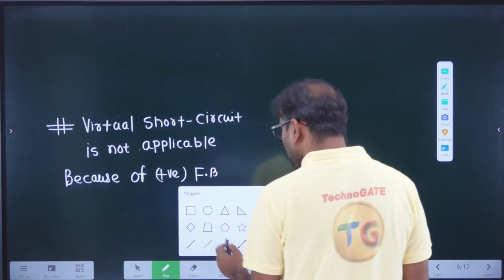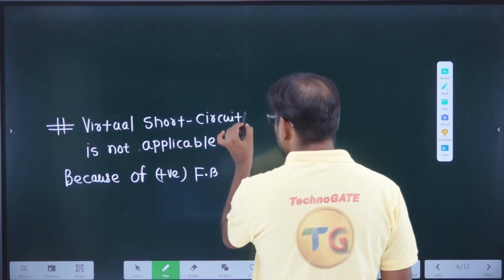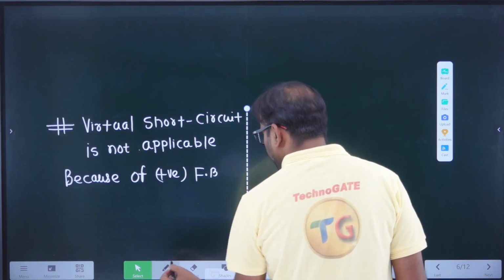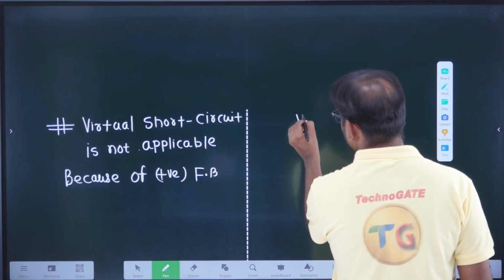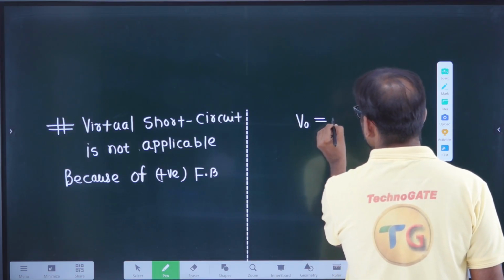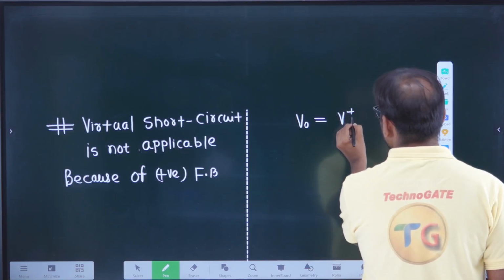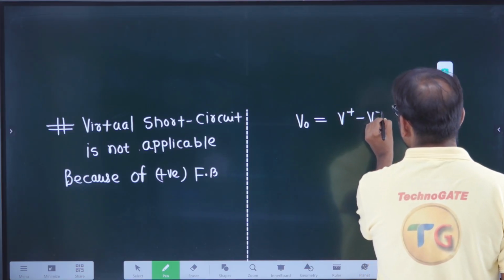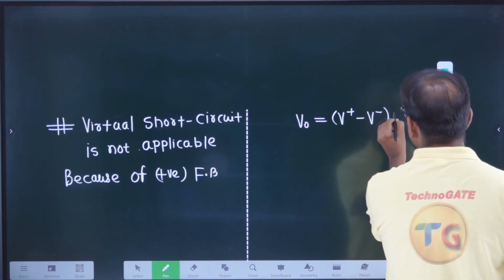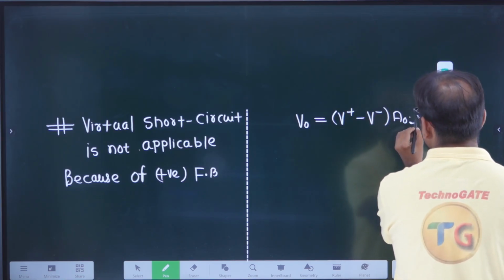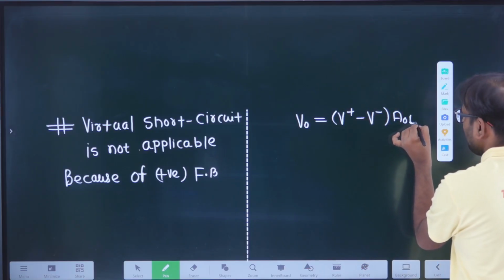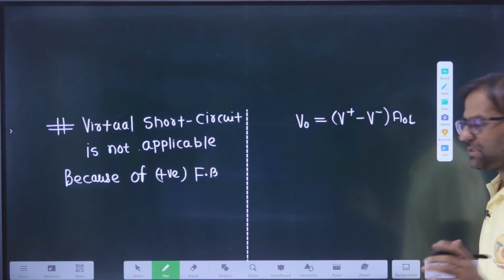So how will I write the output of the op-amp? Always remember, the output of the op-amp, Vout, is always given by the non-inverting voltage minus the inverting voltage multiplied by the open loop gain. And as you know, the open loop gain for an ideal op-amp is infinite.